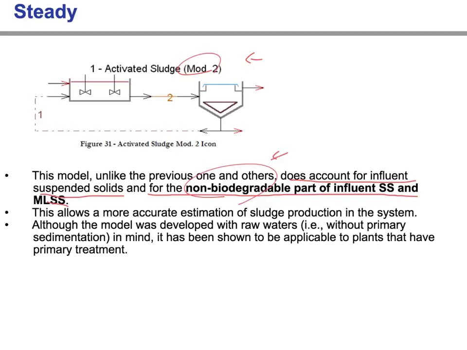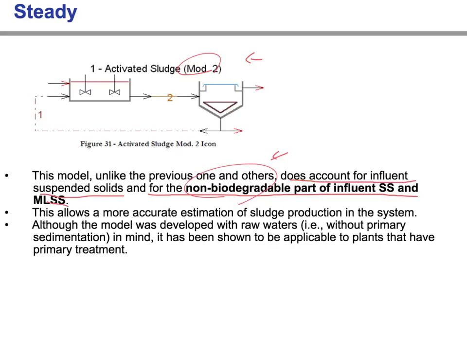This model allows a more accurate estimation of the sludge production in the system. Although the model was developed for raw wastewaters, for instance without primary sedimentation, it has been shown to be applicable to plants that have primary treatment.